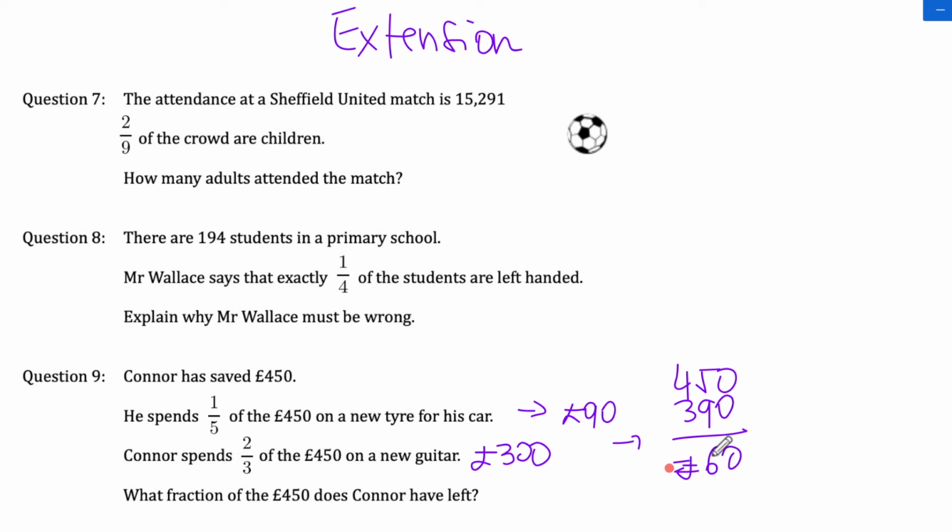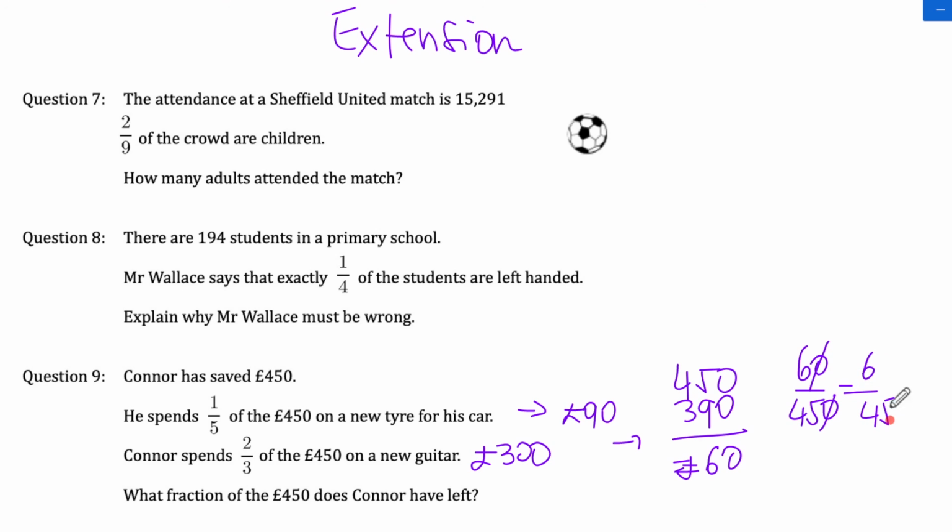If you want to find out what fraction he has left, you do this: £60 out of 450. So that's what you do, that's your fraction. But this is a bit big, isn't it? It's a bit of an ugly fraction, so we have to simplify it. Divide both numbers by 10, we take away the 0, and that gives you 6/45.